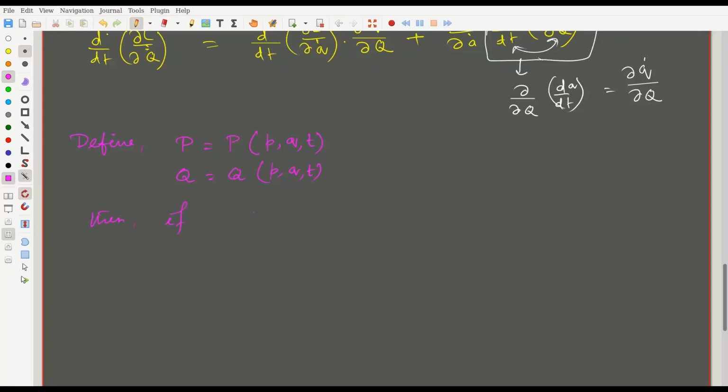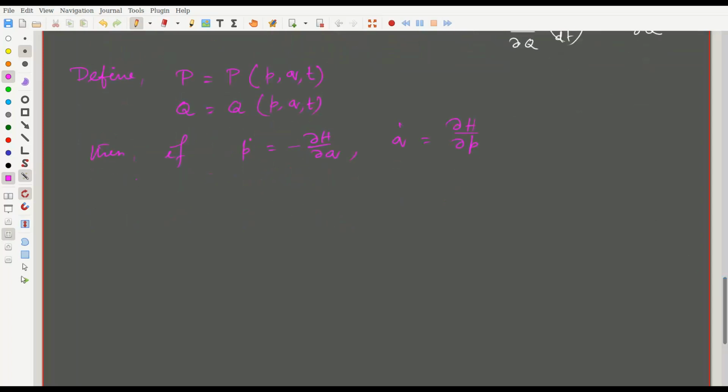If Hamilton's equations are satisfied in the old coordinate system, that means I have P dot equals minus del H del Q and Q dot equals del H del P. Then will it follow that in the new coordinate system also I will have capital P dot equals minus del H del Q and capital Q dot equals del H del P?